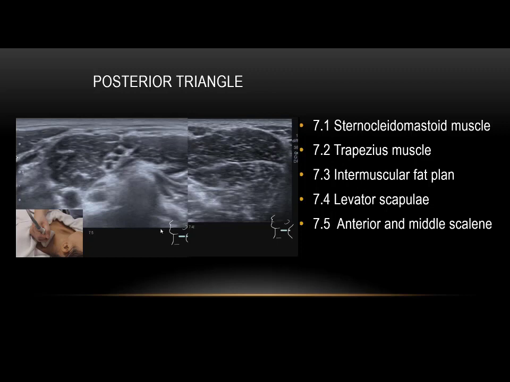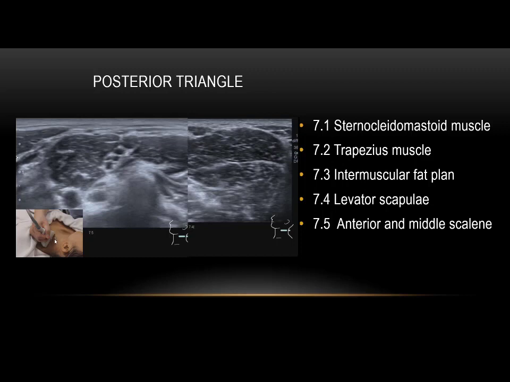And in this triangle, since it is a triangular shape, at the more upper aspect the boundaries are close together, and then it widens when you move the probe down. So in order to classify which one is a 5A or 5B, there's no definite landmark, because when we place the probe, we cannot see the level of the cricoid to separate 5A and 5B.